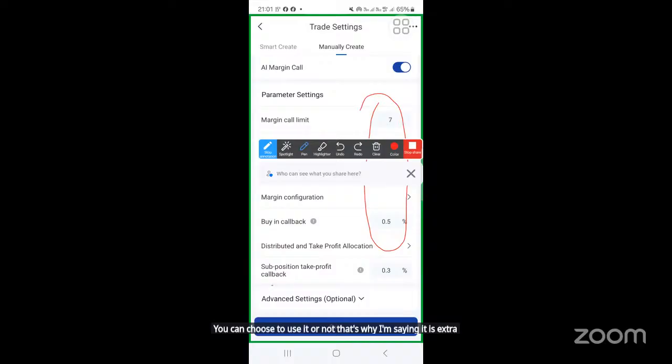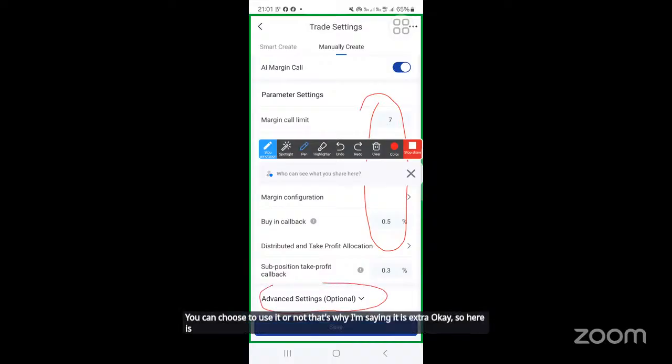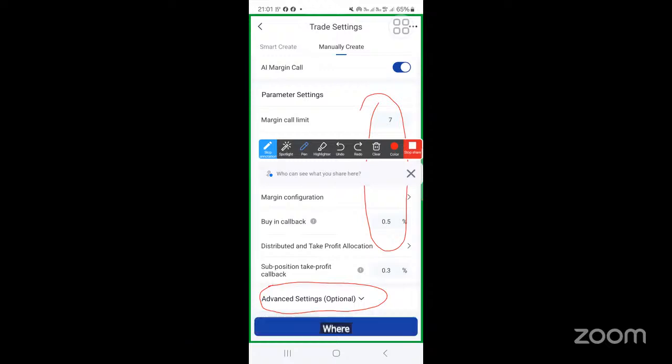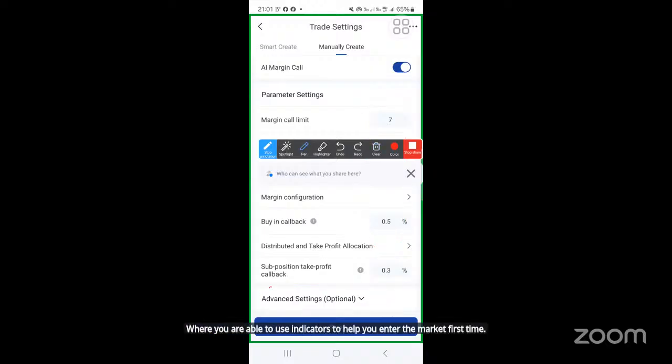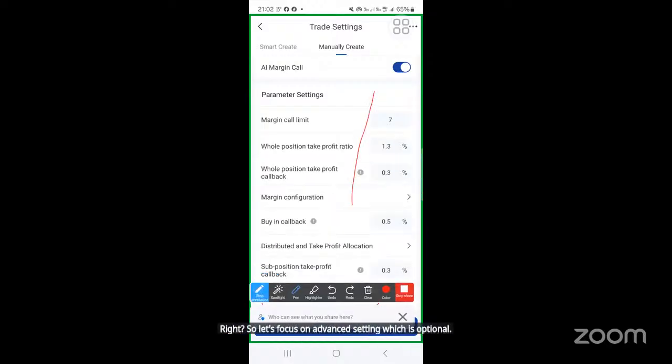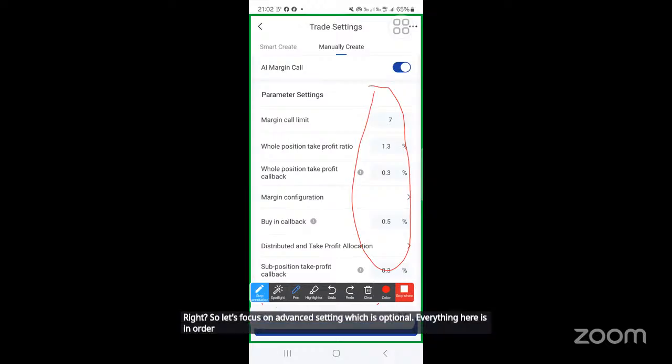Okay, so here is the extra feature of Royal Q, where you are able to use indicators to help you enter the market the first time, right? So let's focus on advanced setting, which is optional. Everything here is in order. You have put it correctly. I'm not touching that.